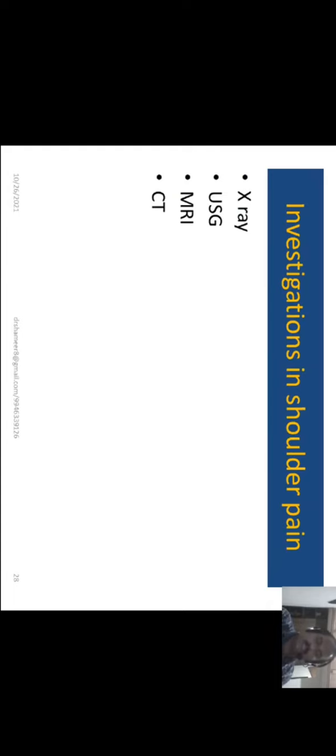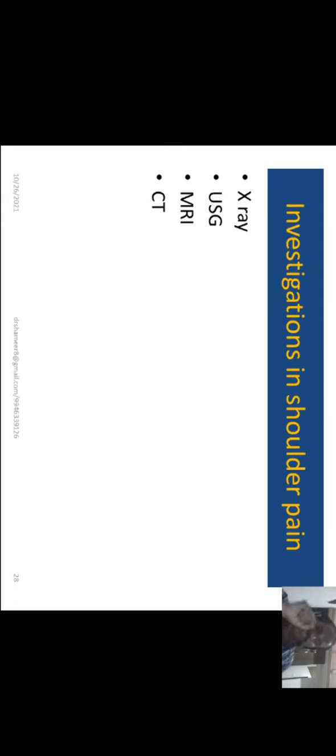And next the USG, ultrasound of the shoulder. In normal practice, ultrasound is applicable only in superficial joints. Okay, if a patient came to OPD with a knee pain, if there is a bursitis or a synovitis or any pathology related to the patella, maybe a patellar tendon pathology, infrapatellar bursitis, etc., you can diagnose with an ultrasound.